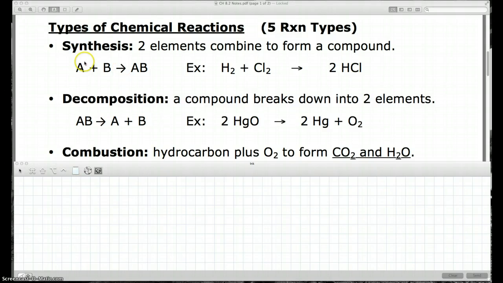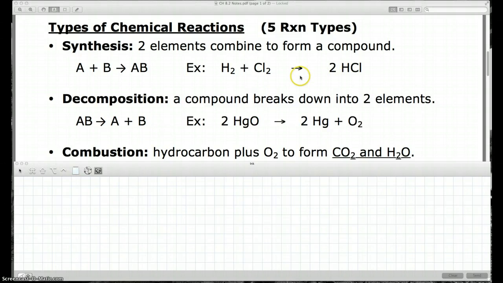The basic format is simple things create a compound. And then I have an example here. Hydrogen plus chlorine makes, this is actually hydrochloric acid, which we'll talk about in a couple chapters. But hydrogen chloride is how you could name it if you wanted to.